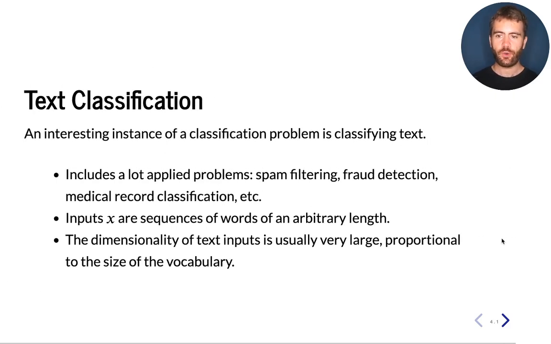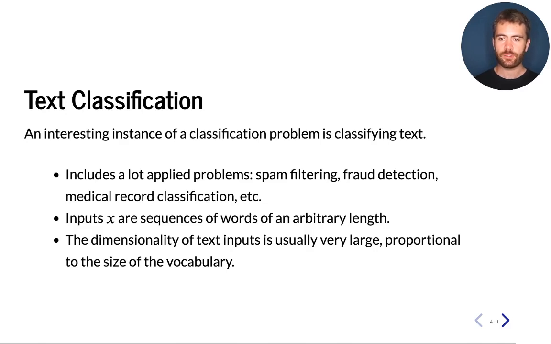In this video, I'm going to look at a particular example of a classification problem, which is classifying text. This is an interesting problem to look at because a lot of applied problems are instances of text classification. For example, spam filtering is a text classification problem. Fraud detection based on fraudulent financial claims, so classifying financial claims into valid or fraudulent.